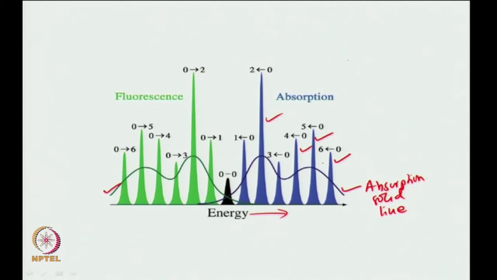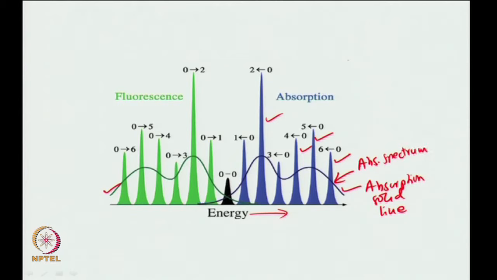The reason being that they have merged together because of too much broadening, too much interaction. But it is not that you will never see those, it actually depends upon the rigidity of your molecule, how rigid your molecule is, how not flexible your molecule is. Okay. But anyway, so this is the absorption spectrum essentially.